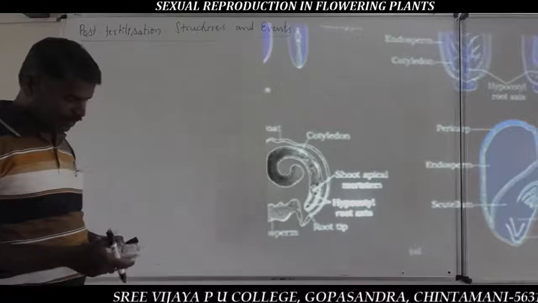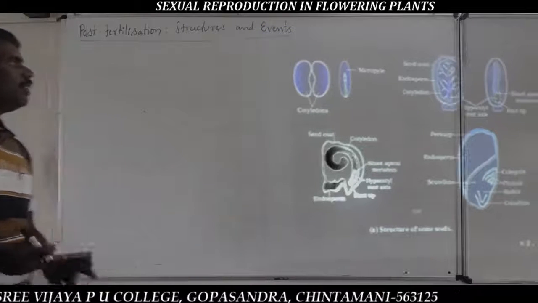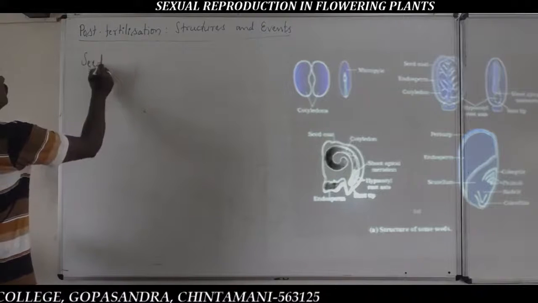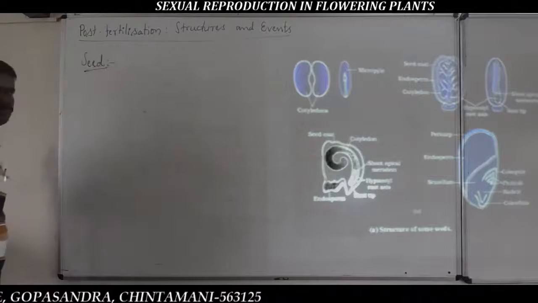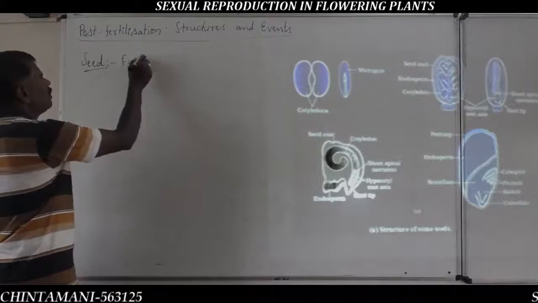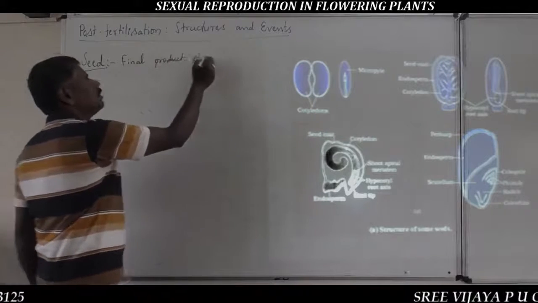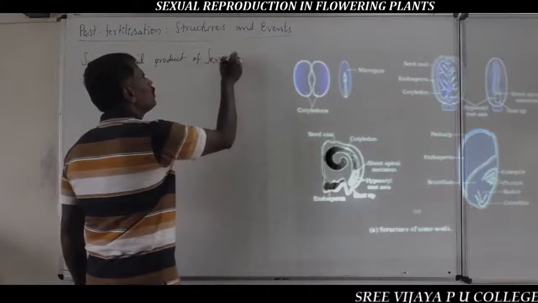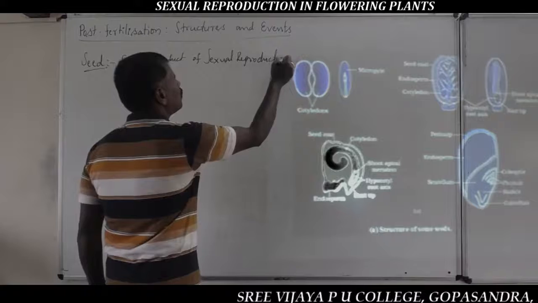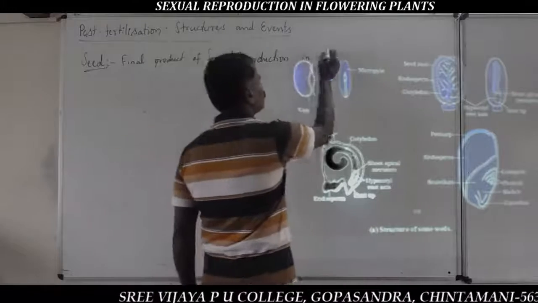Next step. Seed. What is a seed? Seed is the final product of sexual reproduction in flowering plants.